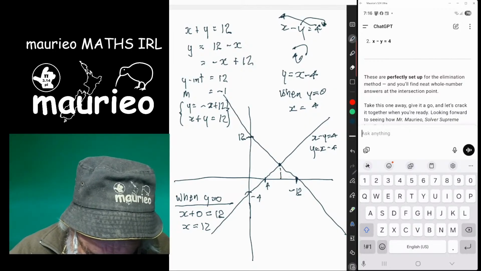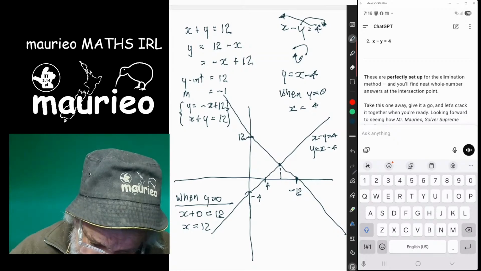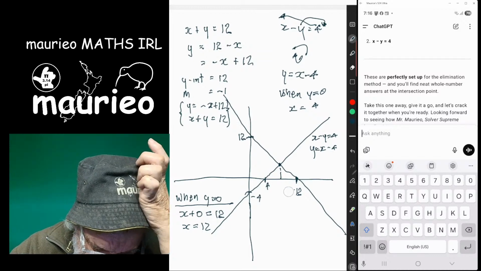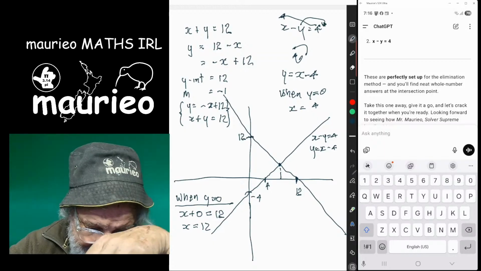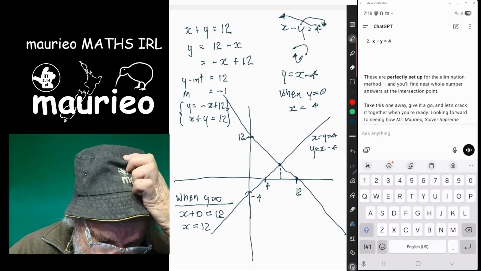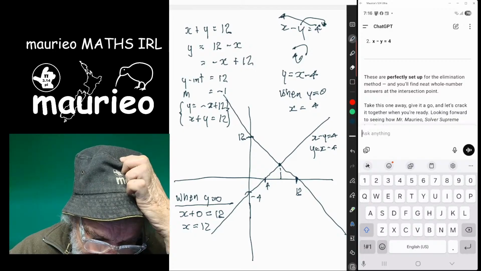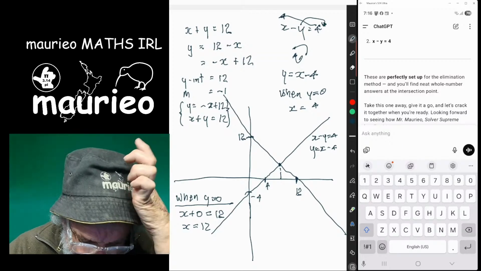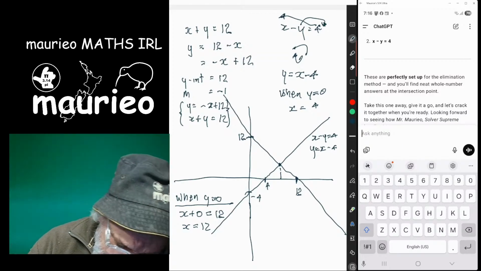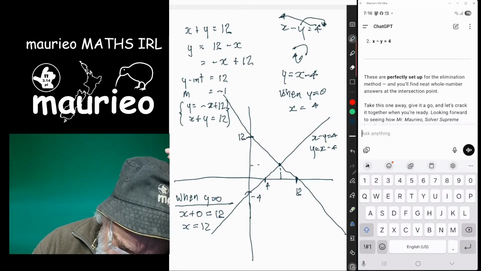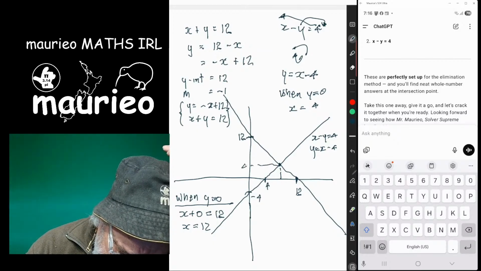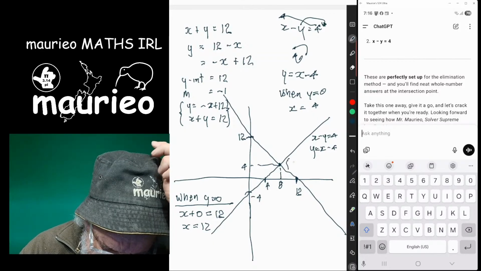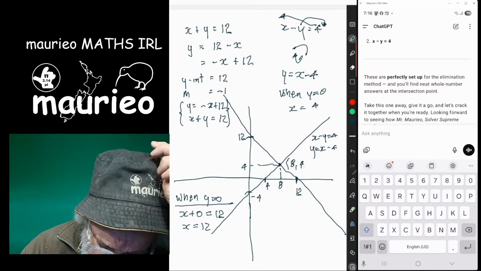So that there, that's not negative 12, that's 12. Y-intercept's 12. And then this one here, you can see that that's going to be approximately 4, and that's going to be 8, and that's going to be the 8.4, as we said.